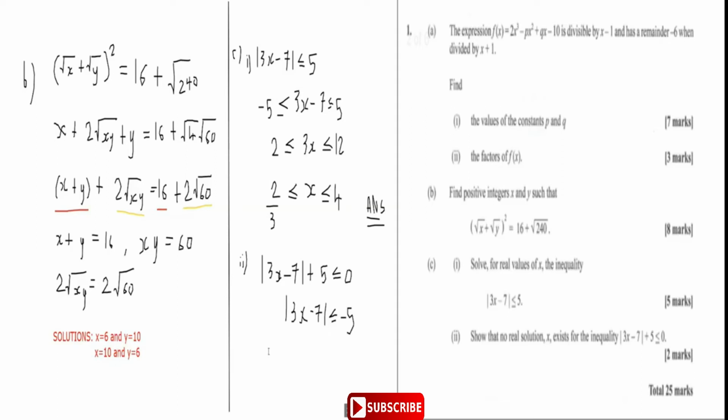The mod of a, where a is some real number, is always greater than or equal to 0.